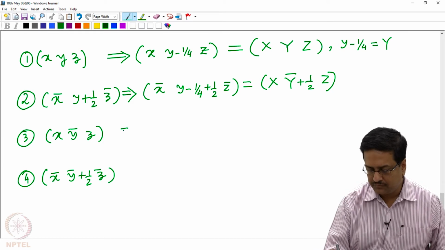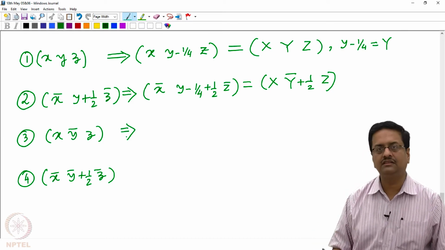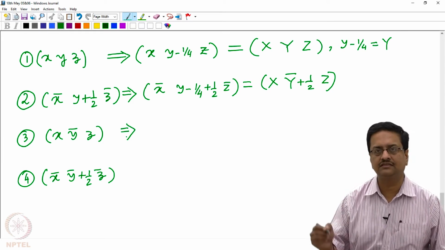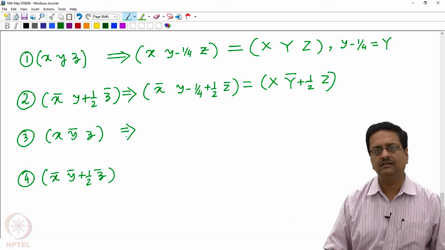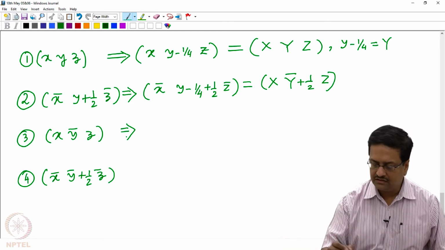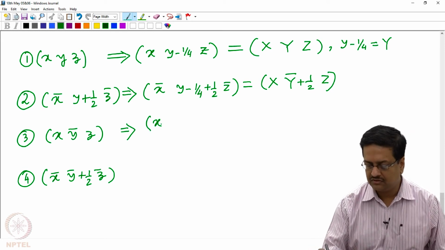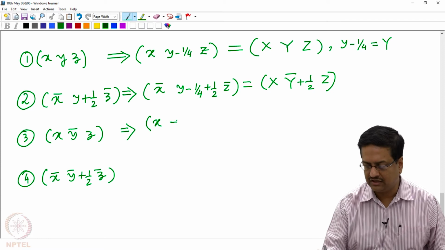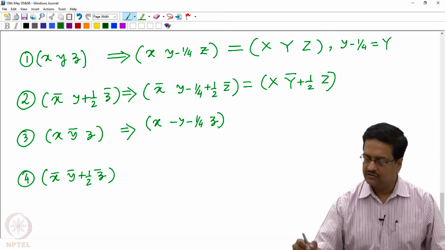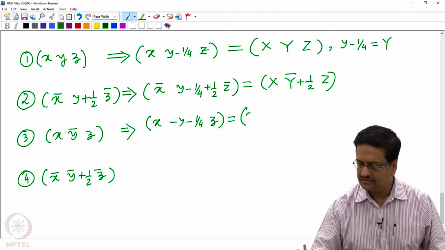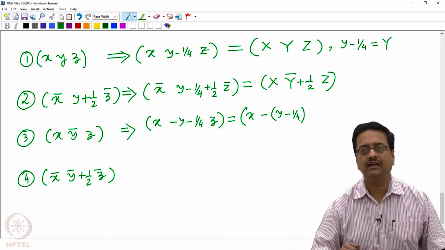Now the situation with point number 3 is what we discussed towards the second part of the previous slide, where the coordinate is negative. So this transforms to y bar, which means minus y minus 1/4, z. Now I rewrite it as x, we take minus out, minus of y minus 1/4. What have I written?